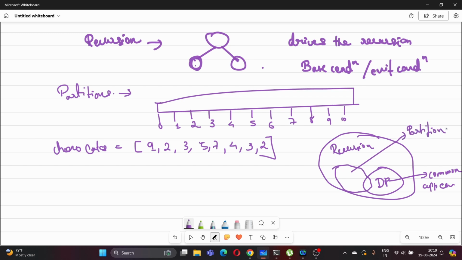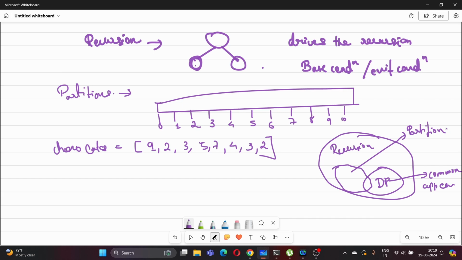So they are in a way derived from recursion, but they might have DP, or dynamic programming, implemented on top of that or not, depending on the question itself. But without that, the partition related problem also comes here.